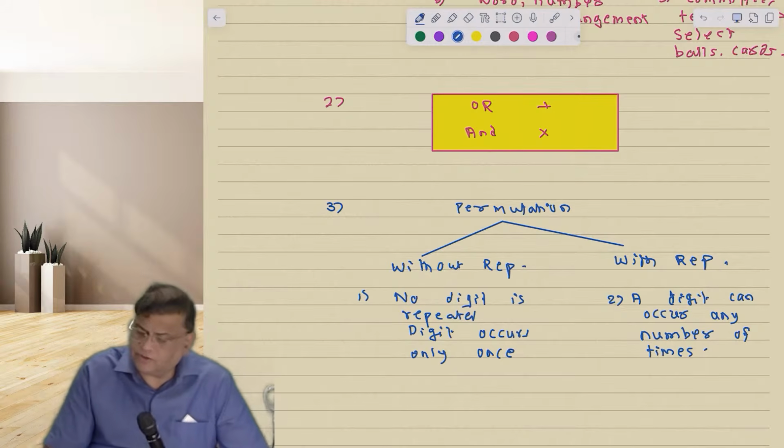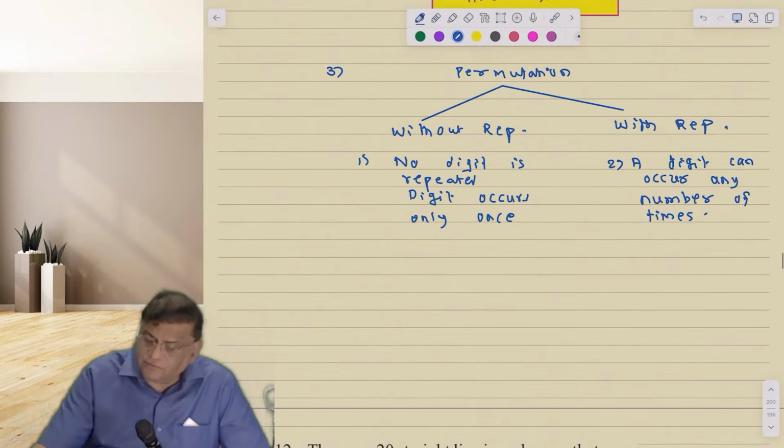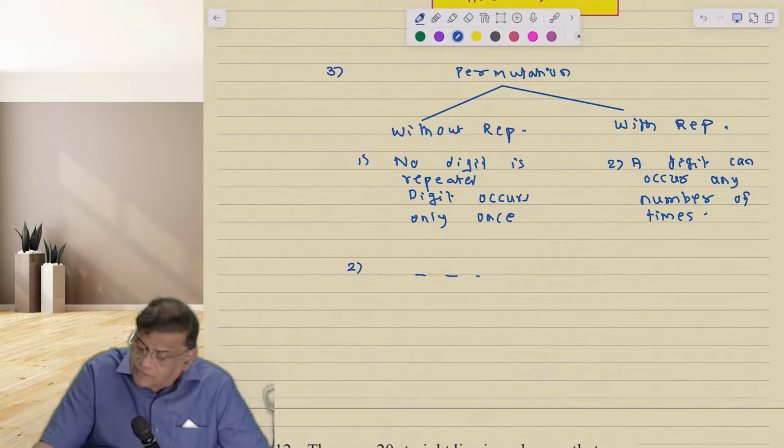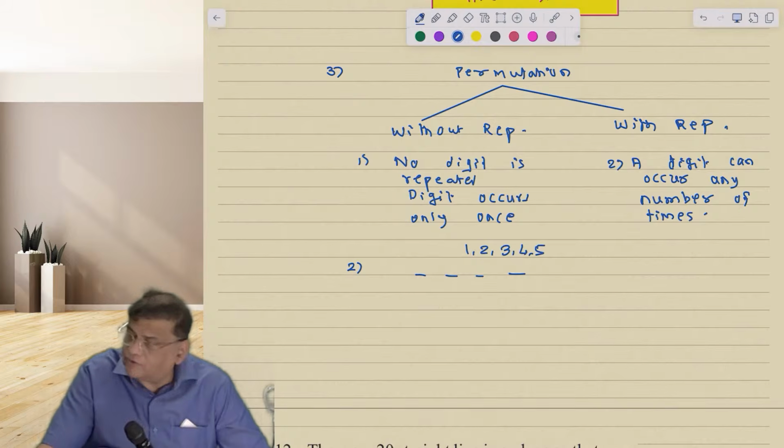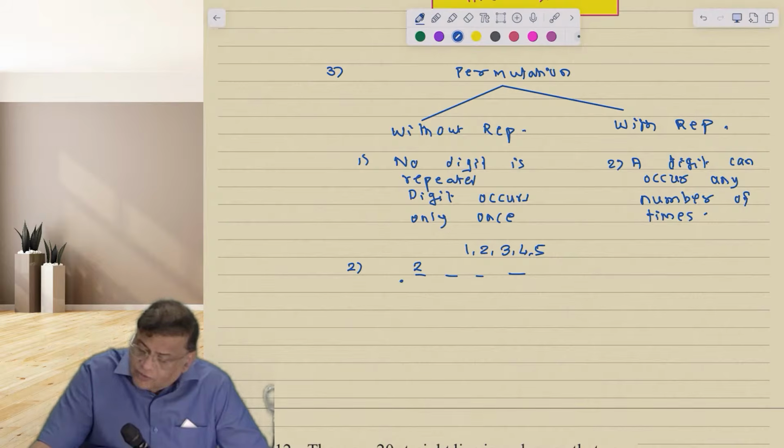Now, another fundamental difference between the two is this: imagine you have 4 places and 5 digits, 1, 2, 3, 4 and 5. Then suppose 2 comes here, then the other 4 will be available for the remaining places.